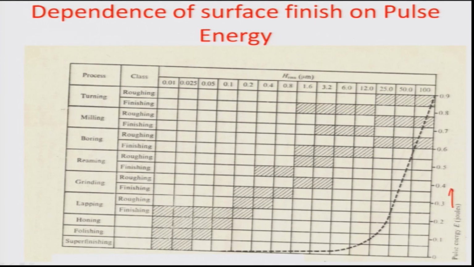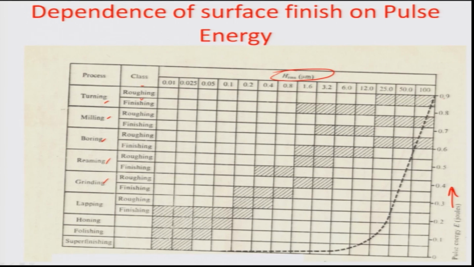So, this is the pulse energy in joules on the right side y axis, and the HRMS is represented here in a tabular manner, and there are different processes which are related to electro discharge processing. So, you have ED turning, ED milling, ED boring, reaming, grinding, lapping, honing, polishing, super finishing, these are the different processes, and then you have a roughing process and a finishing process, and you can look at a comparison of these pulse energies which would be needed for creating such finishes on the surface.